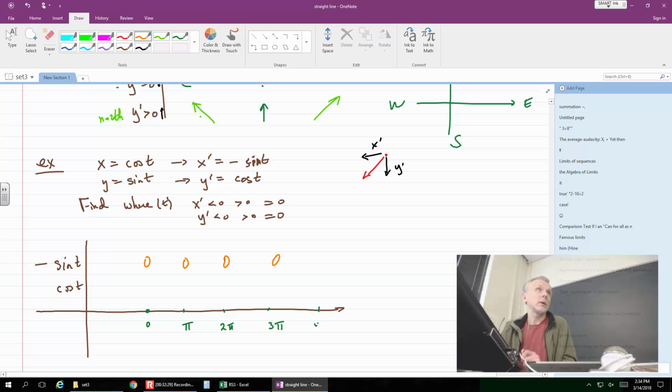Now, what about the sign? Between these values, sine does not change its sign. So on 0 to pi, what's the sign of sine?